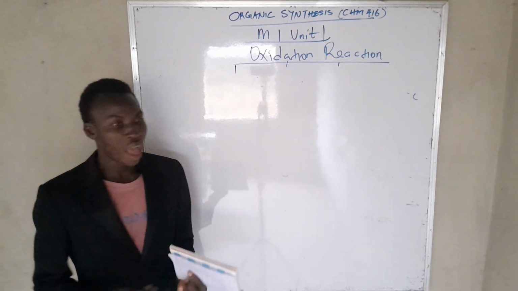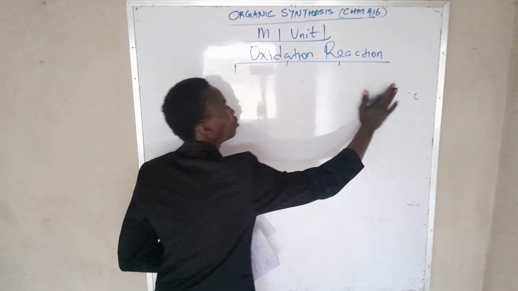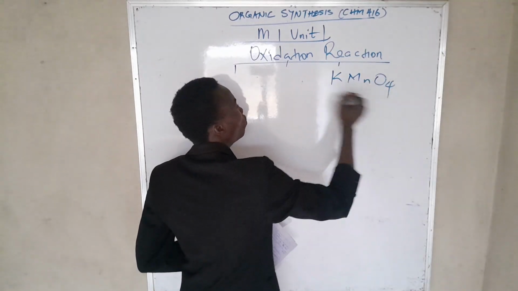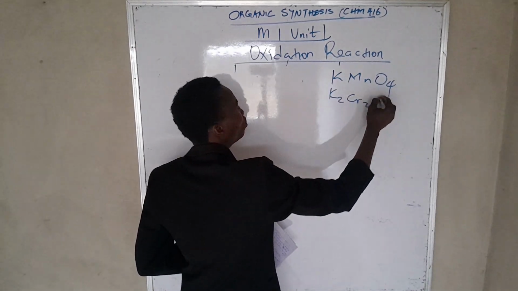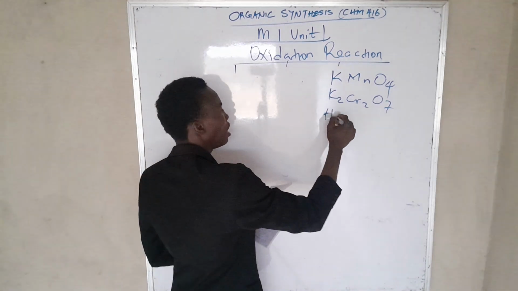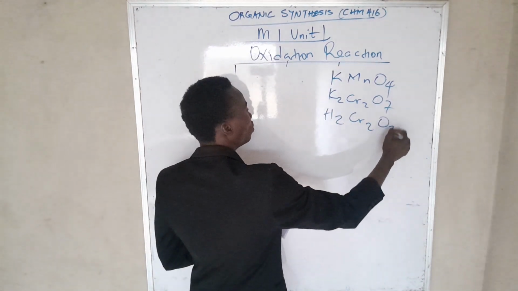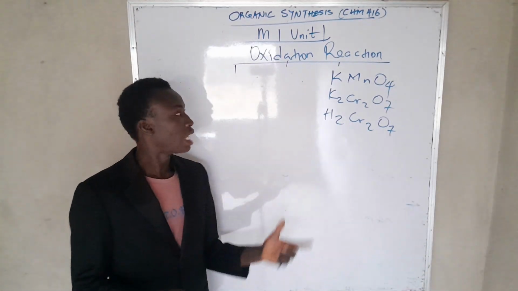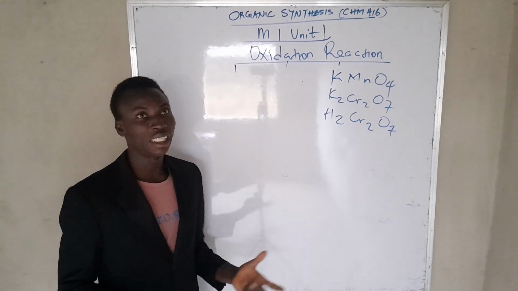Now, some of these oxidizing agents are KMnO4, K2Cr2O7, and H2Cr2O7. There are many that we use in organic chemistry.